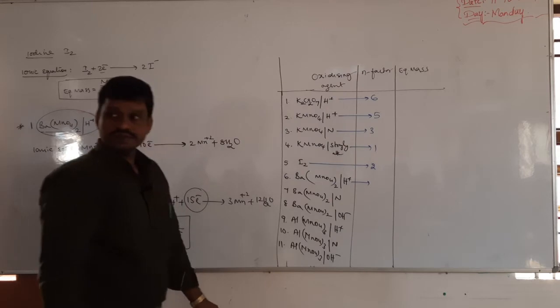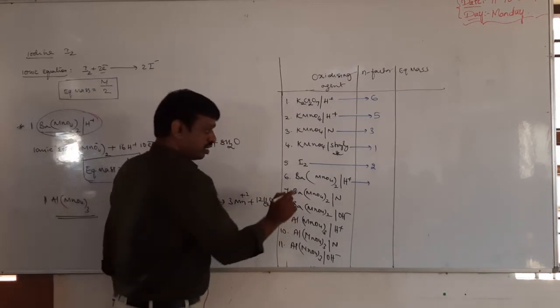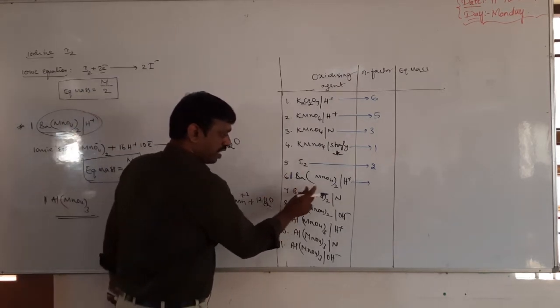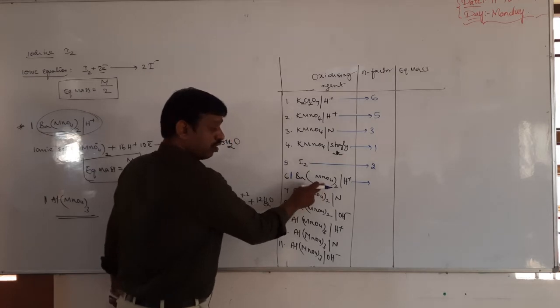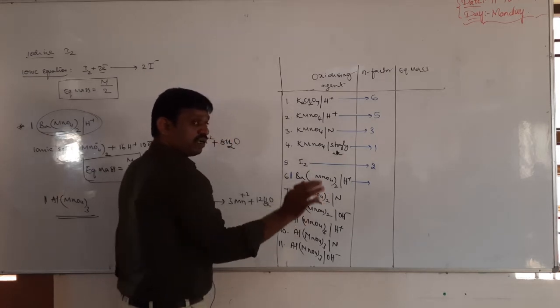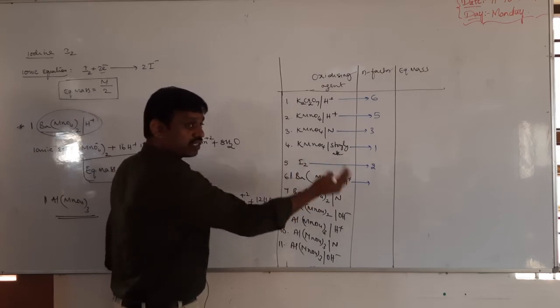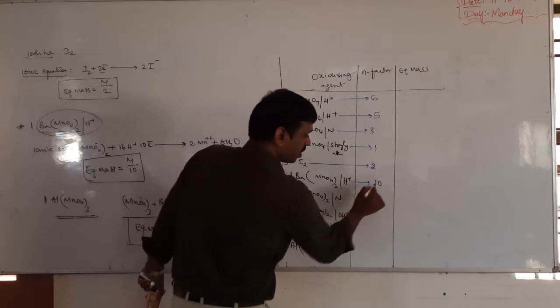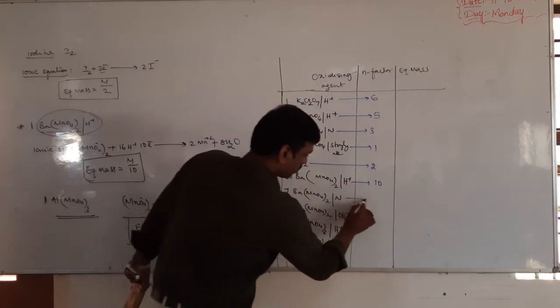Next, barium permanganate. 1 mole of barium permanganate has 2 ions. 1 ion can take 5 electrons, so 2 ions can take 10 electrons. Therefore the N factor is 10.